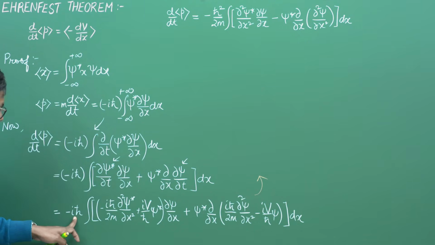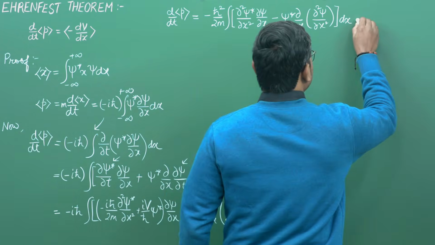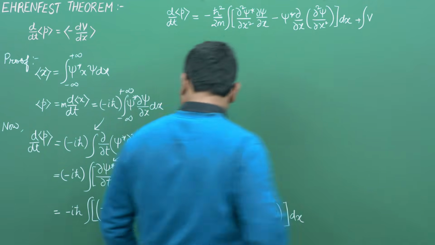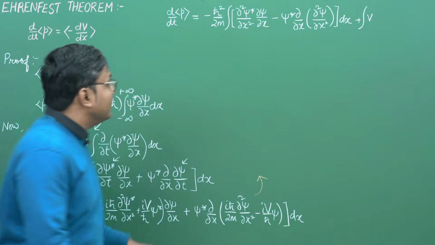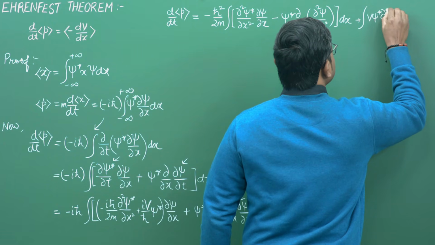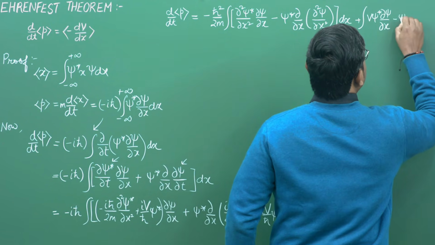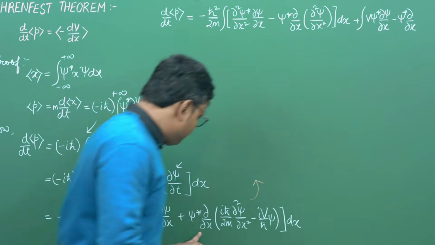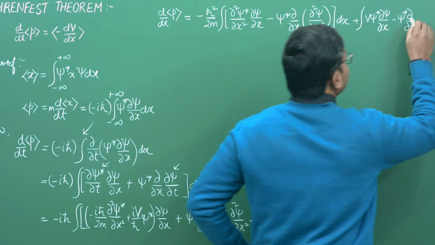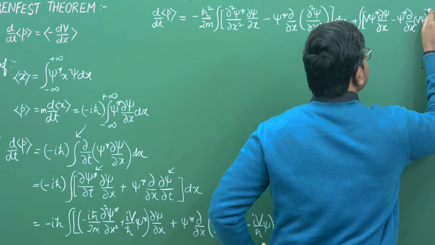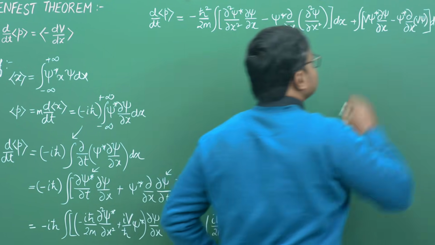Iota becomes iota square, which is -1 times minus is plus. So I have here plus. So within the integration, I have v psi star del psi by del x minus psi star del upon del x of v psi, okay, because it is within the derivative v psi, okay. Again, this entire expression is being integrated with respect to x.